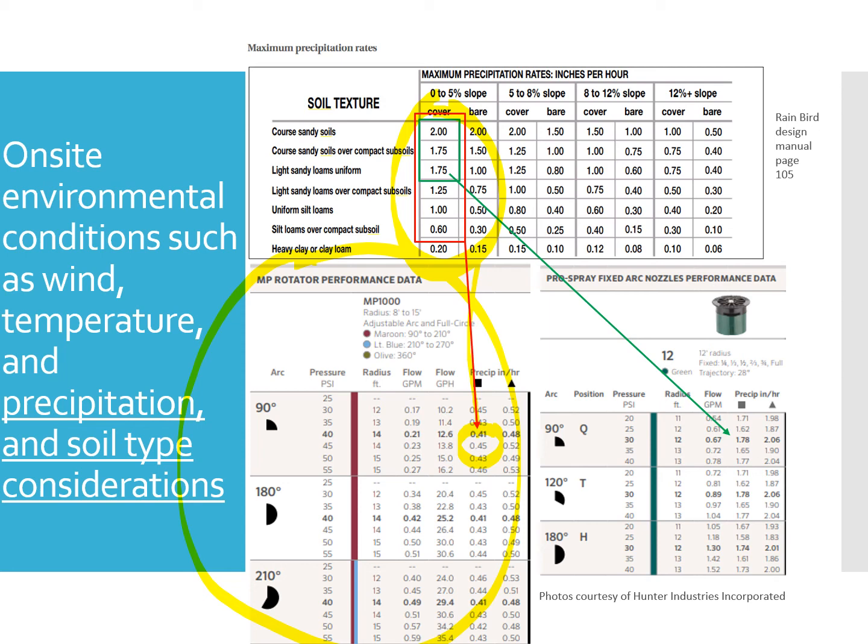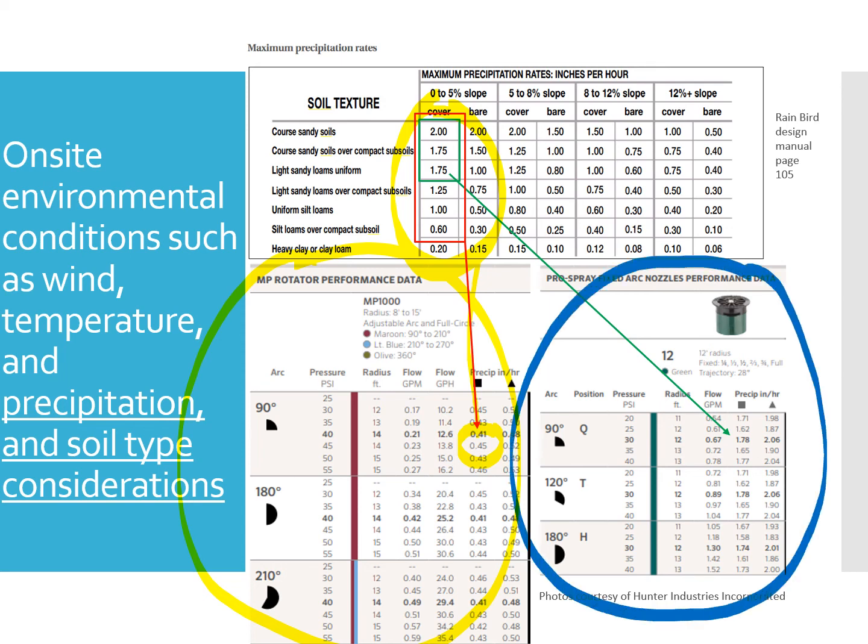Now, if you take a look at the chart on the right-hand side, you'll see that the precipitation rates are much higher, and this particular nozzle is about 1.78 inches of water in an hour.